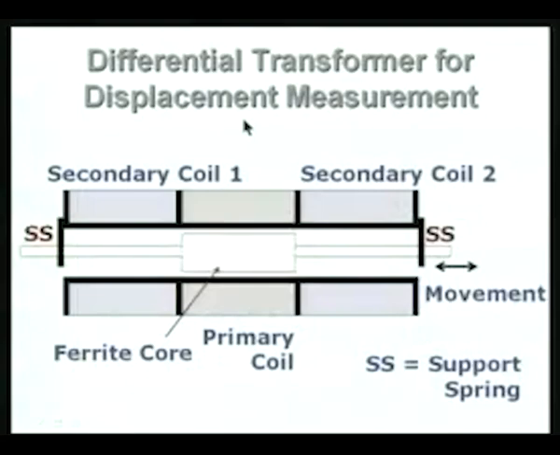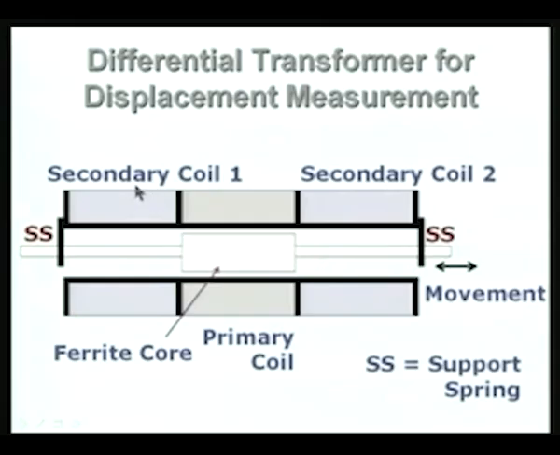Therefore, that is why it is called the linear voltage differential transformer. Linear voltage, because if it moves to the right or to the left, the voltage developed between secondary coil 1 and secondary coil 2 in the differential mode, that is why differential transformer, is proportional to the displacement. So, a linear relationship exists between the voltage and the displacement.